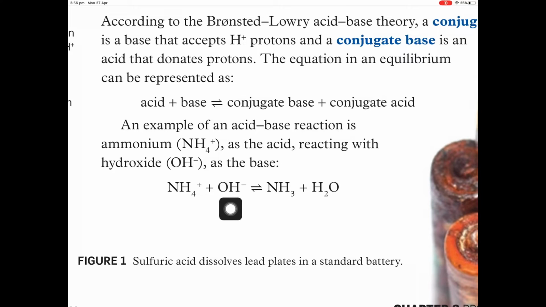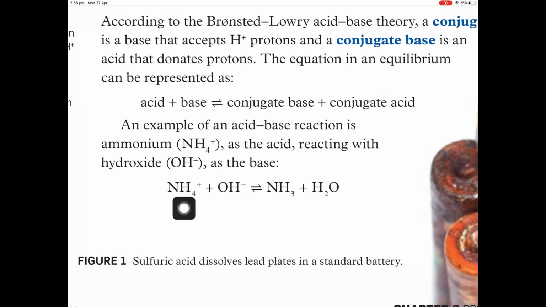They react with each other, whereby the ammonium ion loses the H+ ion to become NH3. Can you see that? NH3 is just the same as NH4+, but without the proton, without the H+. That proton, that H+ ion, must be given to something.